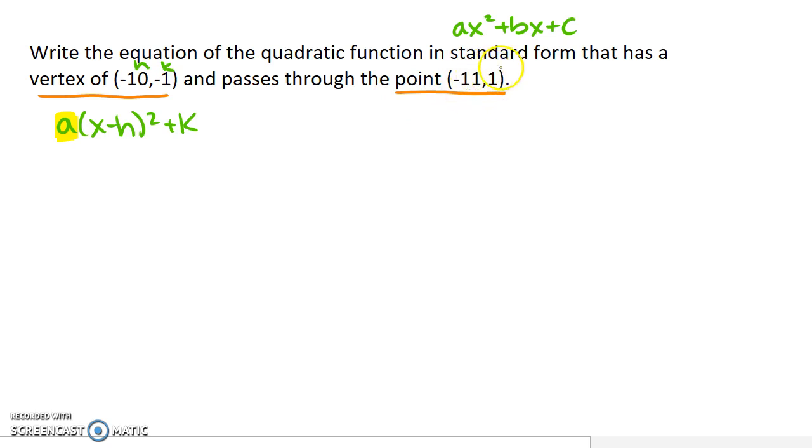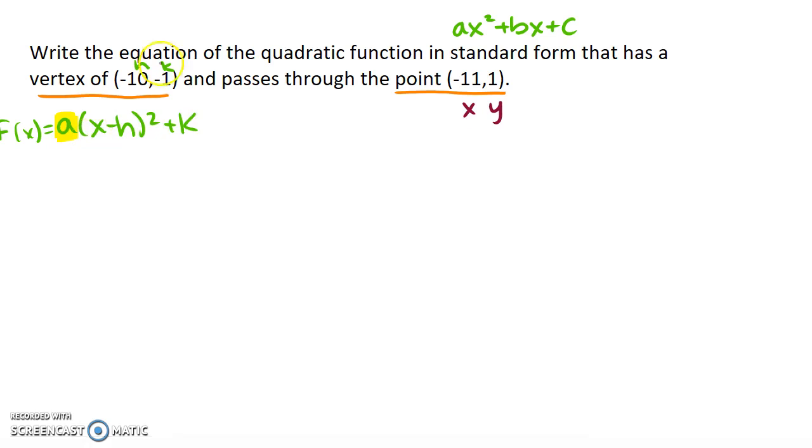Since we know it goes through this point, we know this is x, comma y. We can substitute in this point for the x and the y, which is actually our f of x. So we can substitute those in, as well as our information from our vertex, and solve for a.